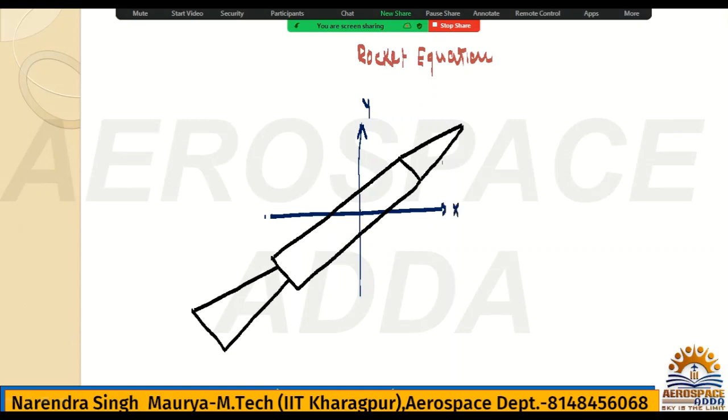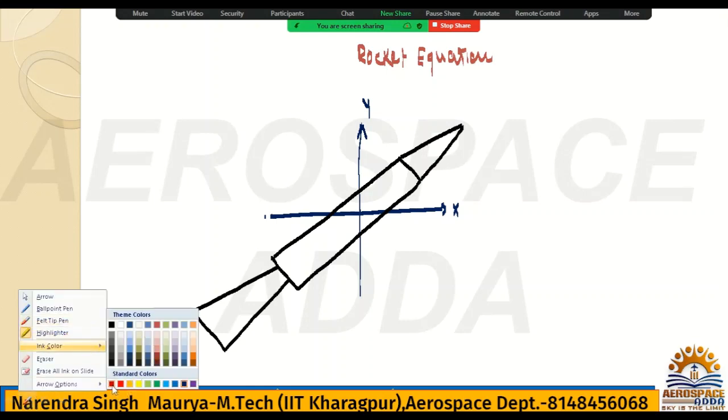All right. So now our assumption here is that both thrust and drag are aligned. Usually thrust and drag are not aligned, but in this case we are considering thrust and drag aligned.